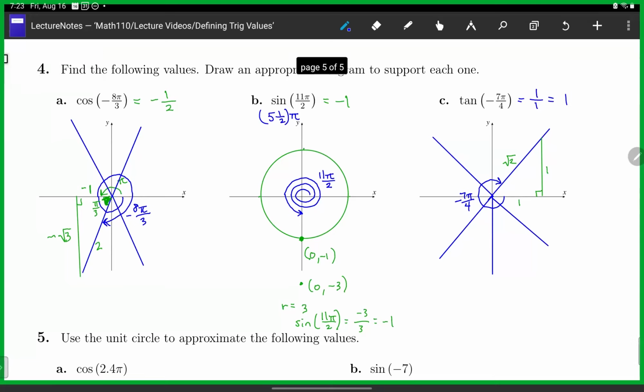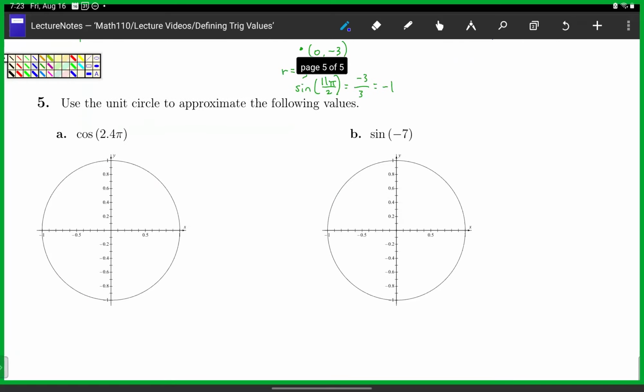Finally, last thing is we're going to use the unit circle to approximate some values. One of the nice things about the unit circle definitions of these functions, by the way, we often refer to them as trig functions. They're also sometimes called circular functions because some people define them without triangles at all.